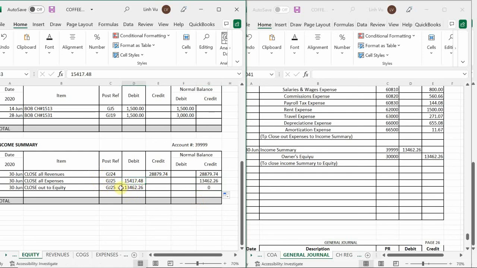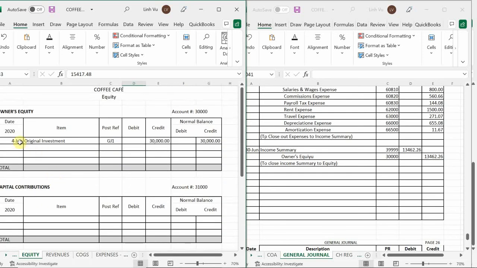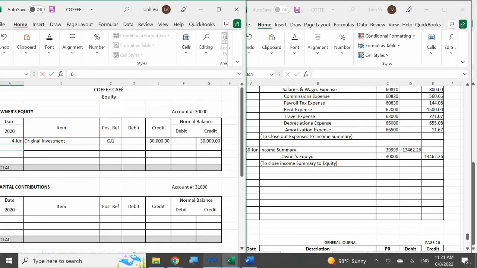And what we're going to do with this money, we're going to put it into my equity, right? Because in this case, we closed out income summary, which gave us a credit balance of 13,462.26.